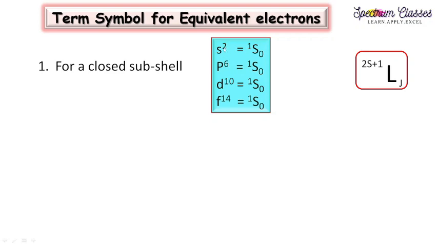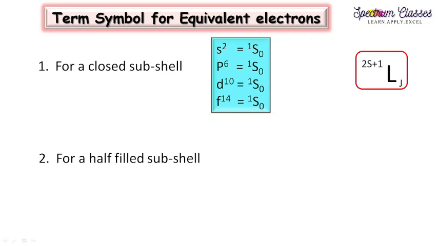So this is the closed shell. Similarly, the p shell has a maximum of 6 electrons with antiparallel spin. So this is again a closed shell. D10 and f14 as well. For this type of configuration, we have the term symbol 1S0. How we get this 1S0, I will explain in the next slide.